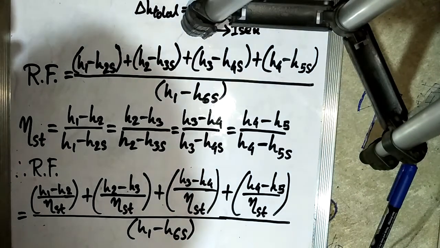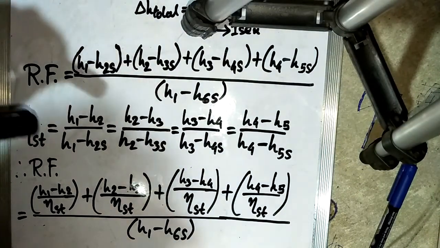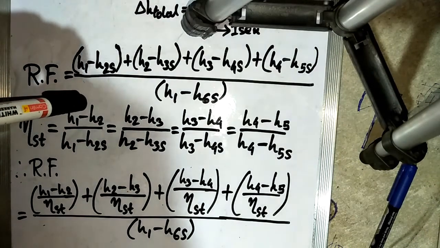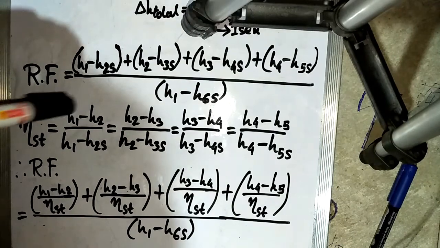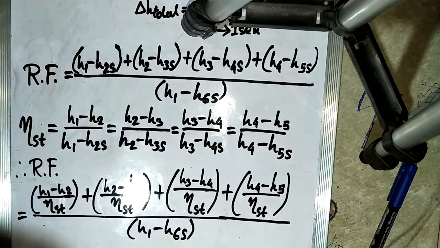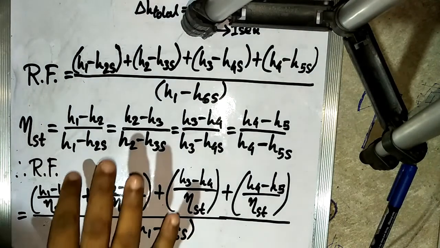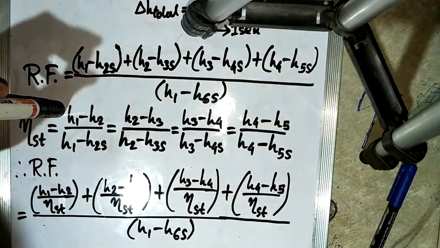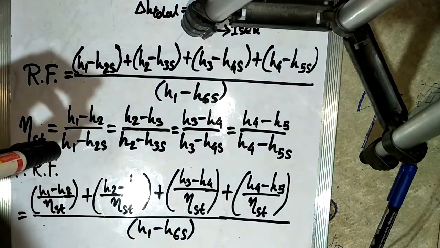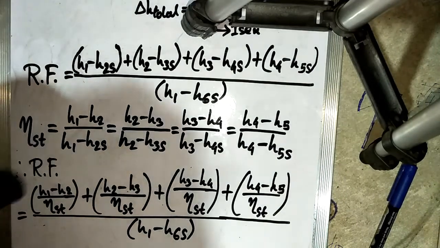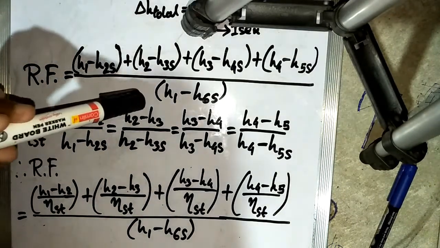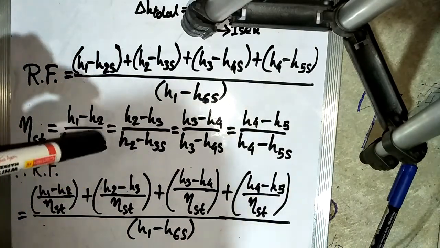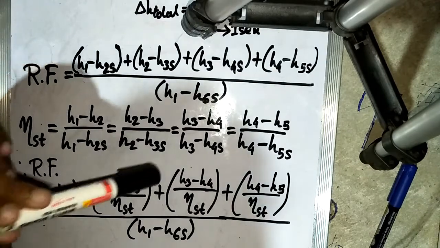The stage efficiency can be written as eta stage equals the actual enthalpy drop H1 minus H2 divided by the isentropic enthalpy drop H1 minus H2S. Similarly, it equals the second stage actual enthalpy drop H2 minus H3 divided by the isentropic enthalpy drop H2 minus H3S.